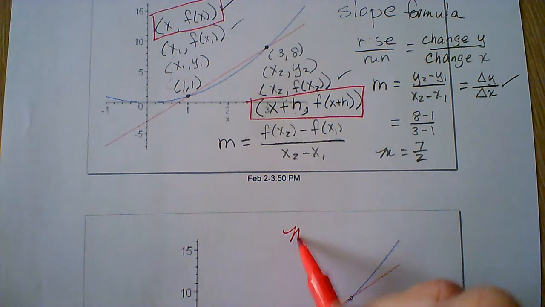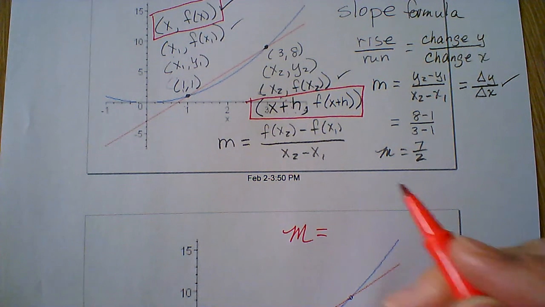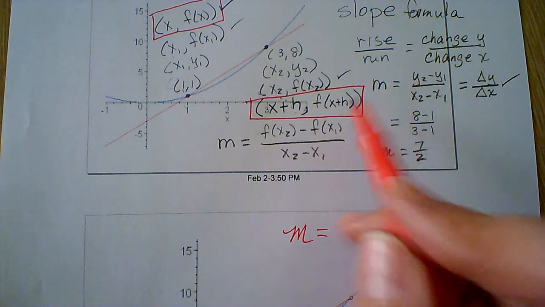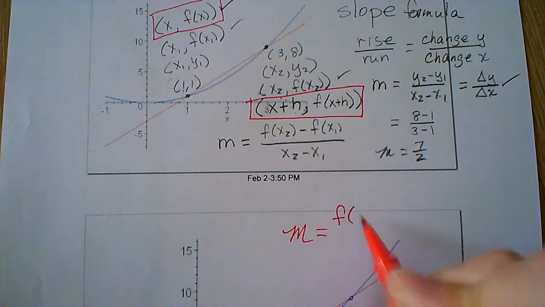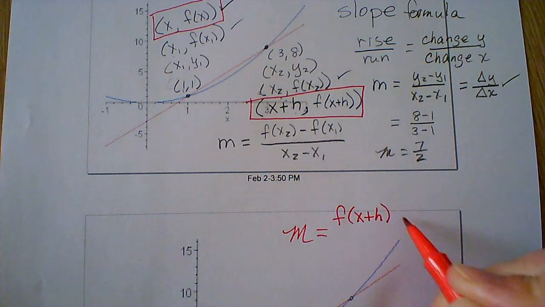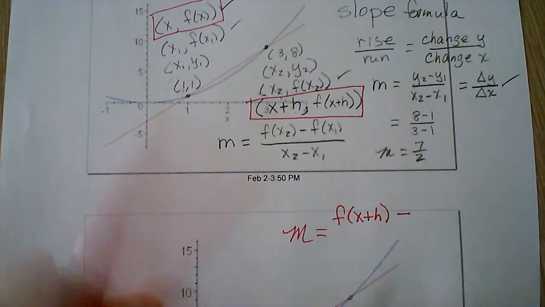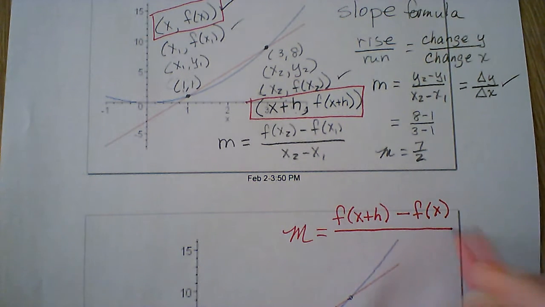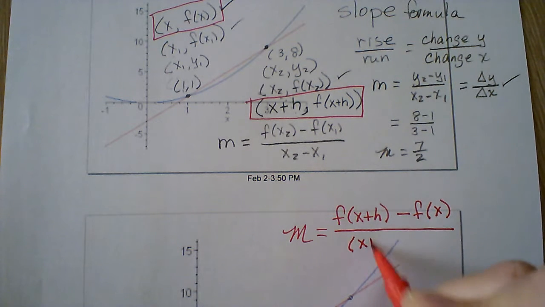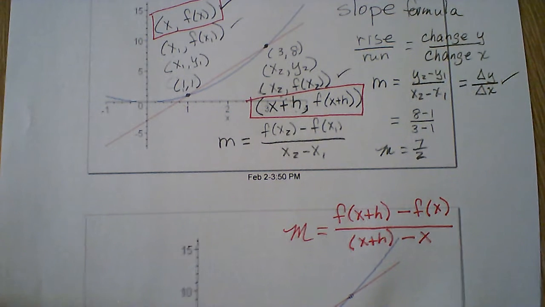That means my slope formula will now be m is equal to my second y value, which is this, f of x plus h, minus my first y value, which is up here, f of x, over my second x value, which is x plus h, minus my first x value, which is x.